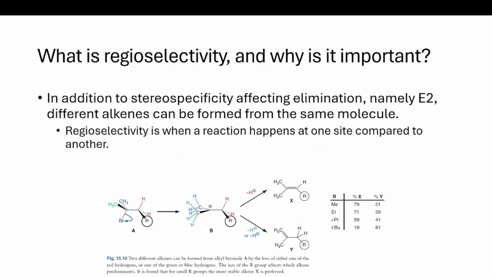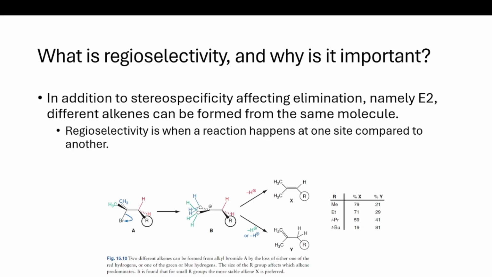In addition to stereospecificity, I also wanted to talk about regioselectivity. Take a look at this image. We have an elimination reaction going on, but once we have that carbocation being formed, the base can abstract different protons.